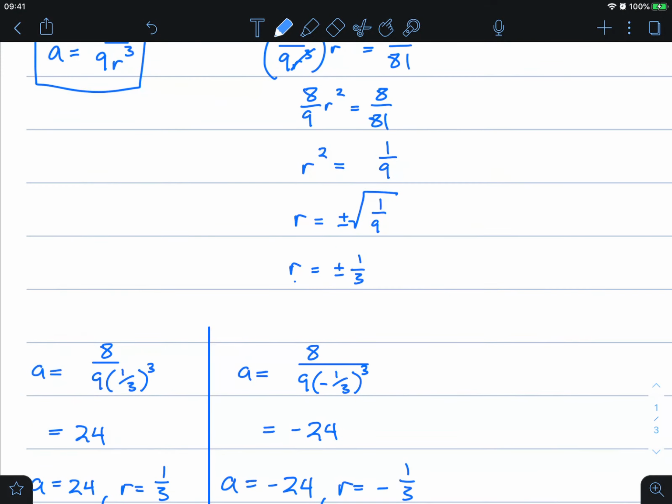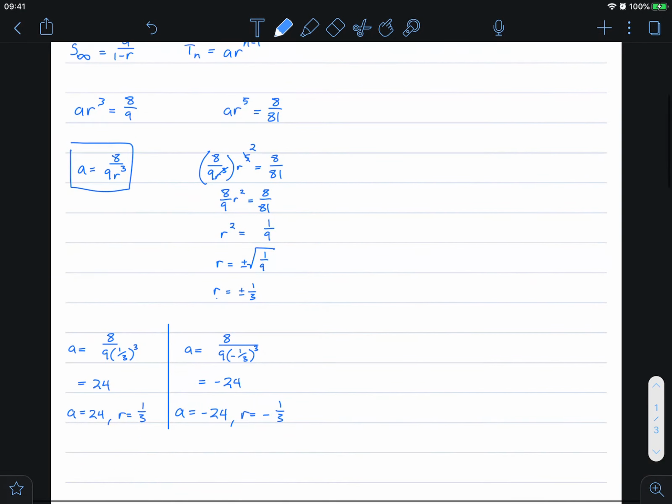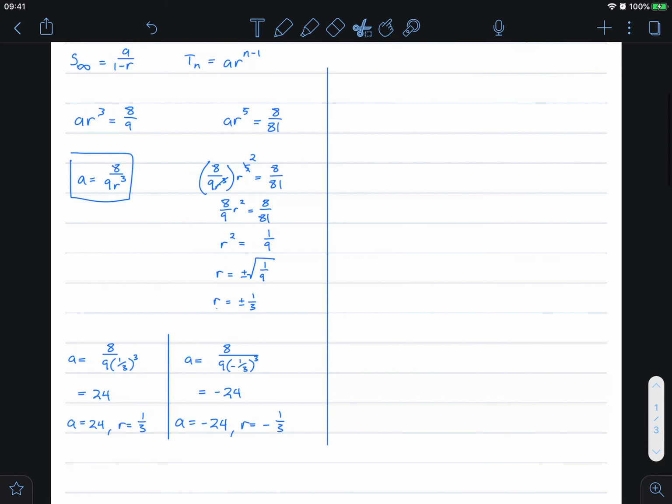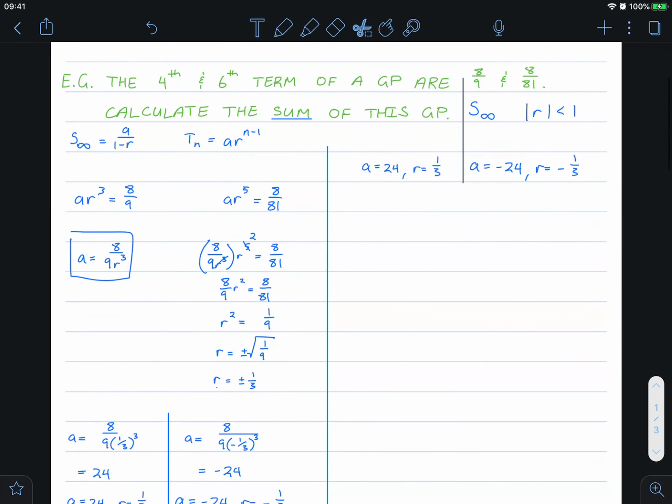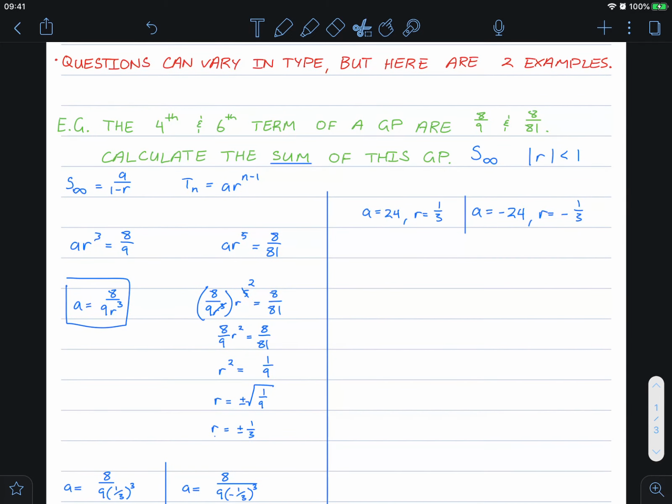Now that we have both a and r for both positive and negative, we're going to resubstitute both. We're going to substitute both combinations into our limiting sum here.